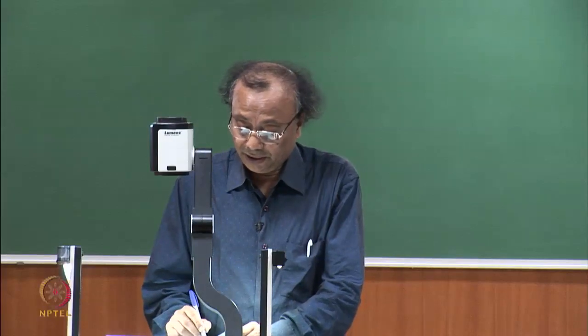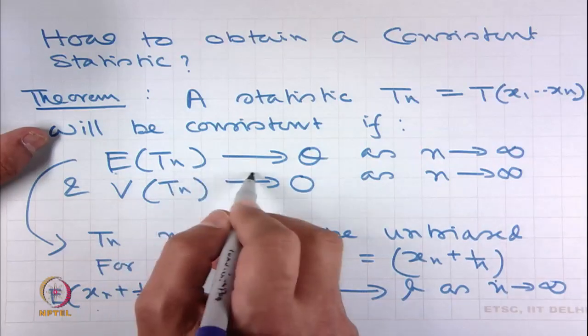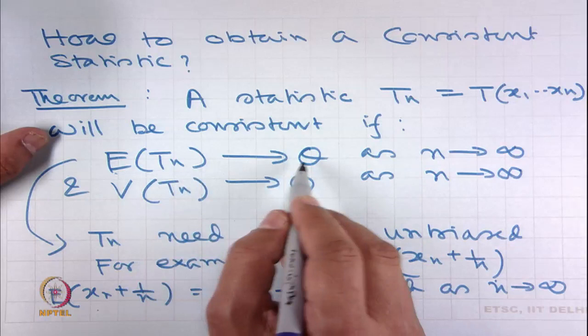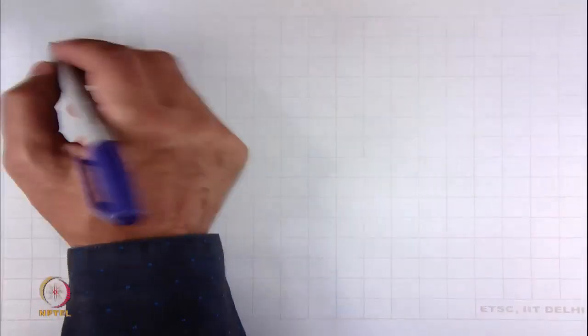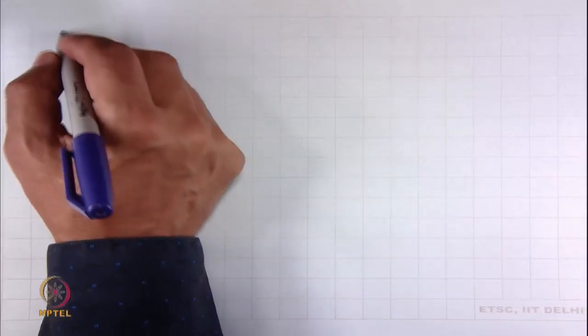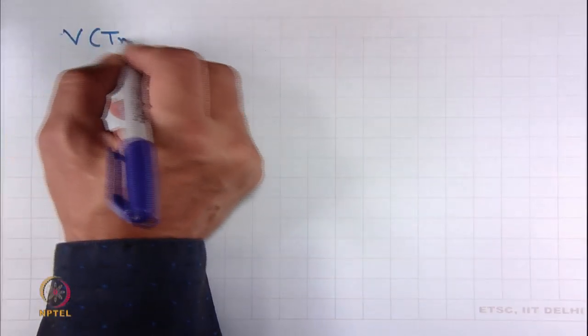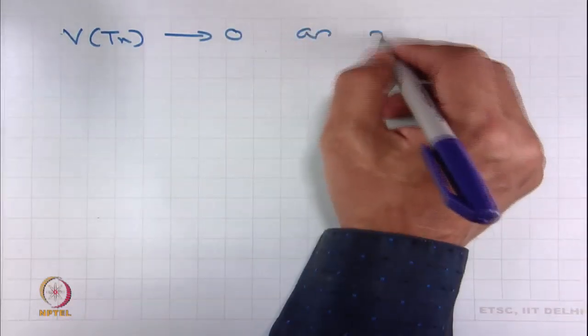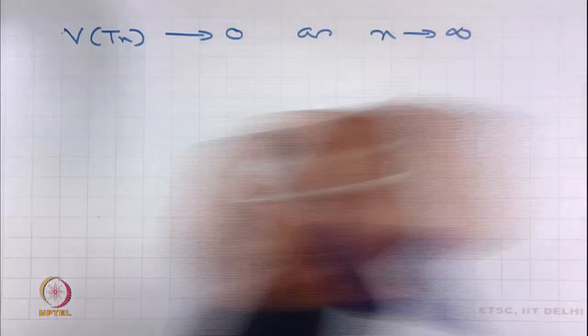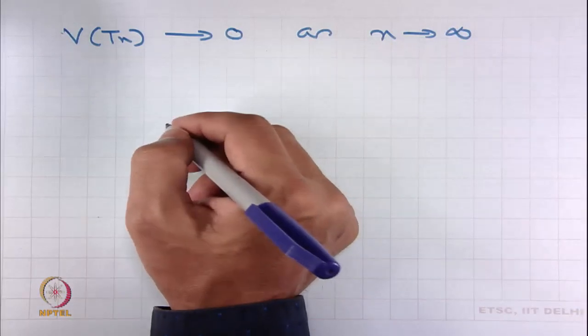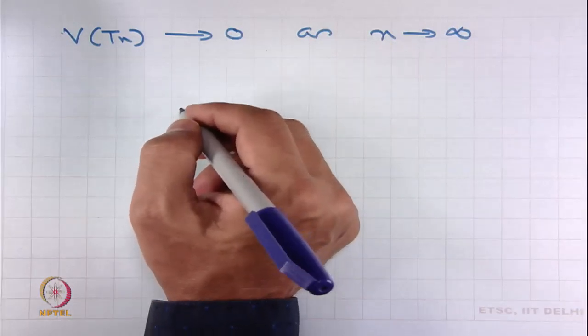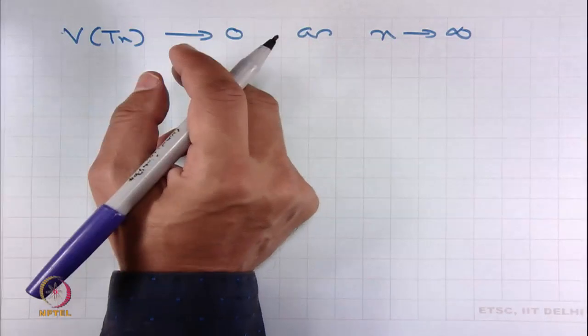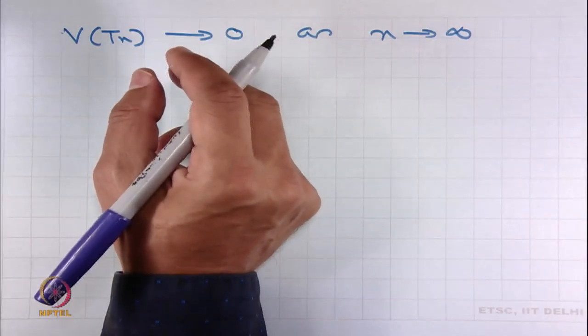Therefore, in order to be consistent, unbiasedness is not necessary, but we also have to look at the variance of T n, which should go to 0 as n goes to infinity. We know that variance gives us the measure of dispersion.